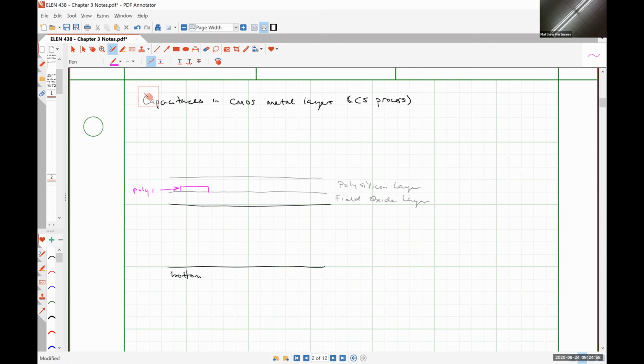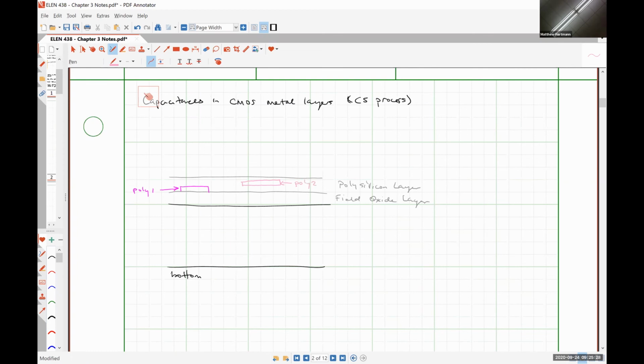Poly 1, which is what we traditionally use for the gates of transistors. And then there's also a second poly layer that would be embedded physically higher up in the poly layer. So this is poly 2.